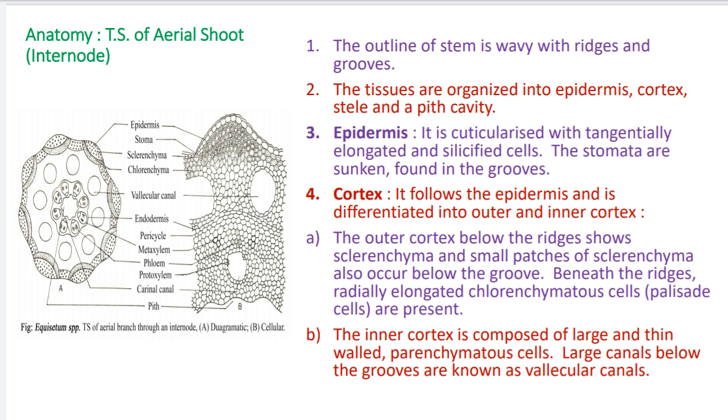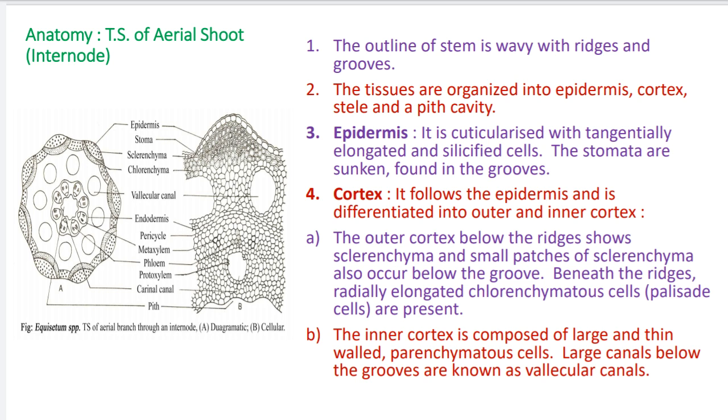Inside the stem or shoot, cellular differentiation is present, starting from the epidermis, then stomata, sclerenchyma, collenchyma, vallecular canal, endodermis, pericycle, metaxylem, protoxylem, then phloem, carinal canal, and at the center there is a pith. The first diagram is the diagrammatic view, and the second diagram is the cellular details diagram.